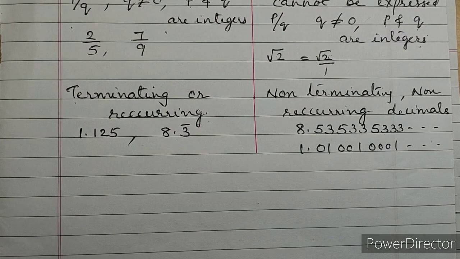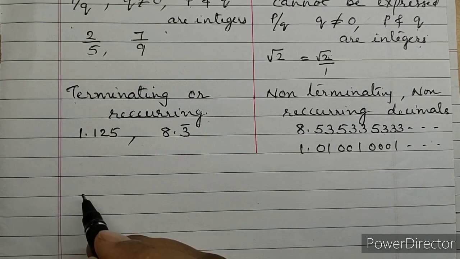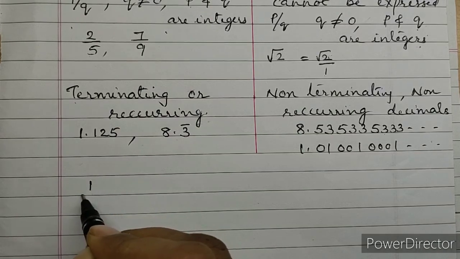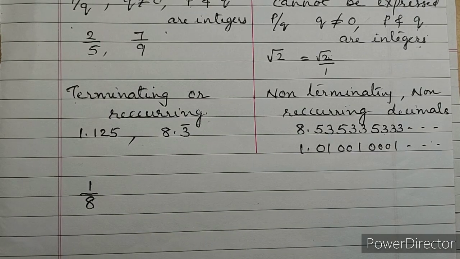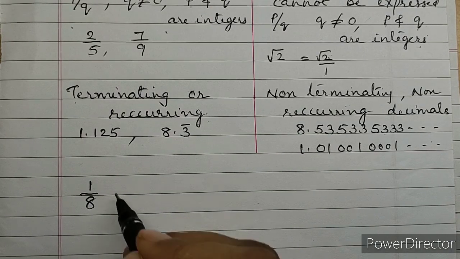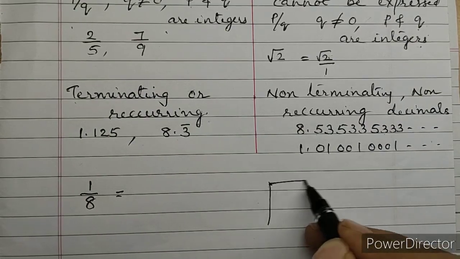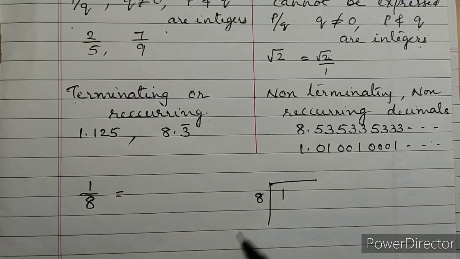Now next topic is how to find whether the given fraction is terminating, non-terminating, recurring or non-recurring decimals. For example, any fraction if it is given, 1 by 8, how you will convert to decimal? It's normal division only. You have to divide 1 by 8.